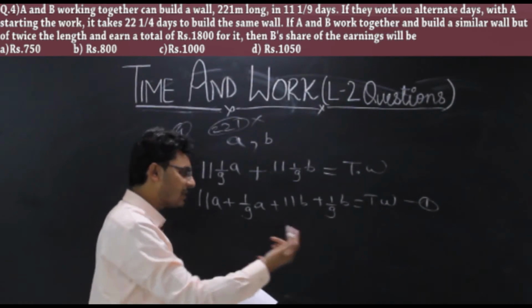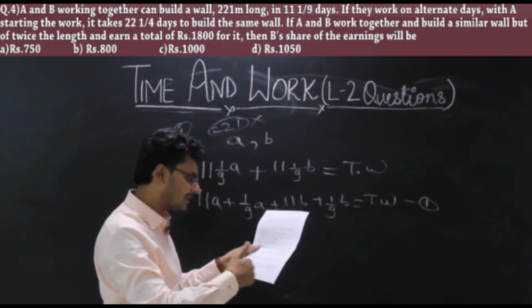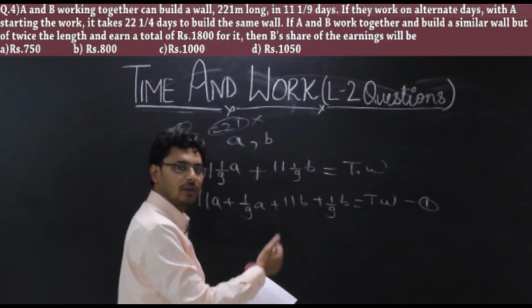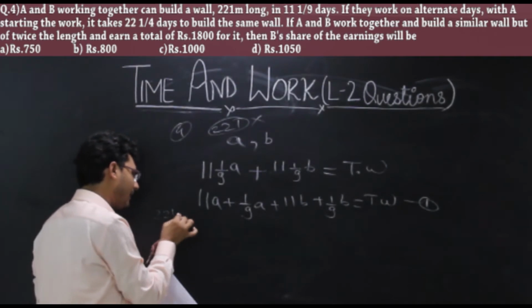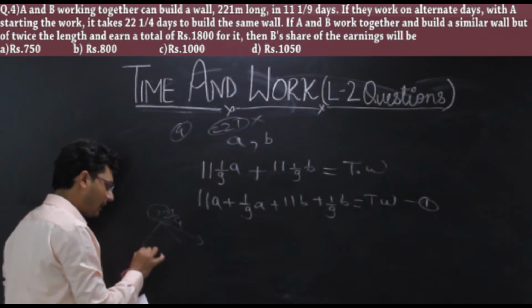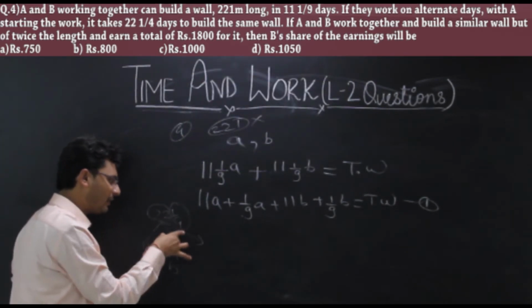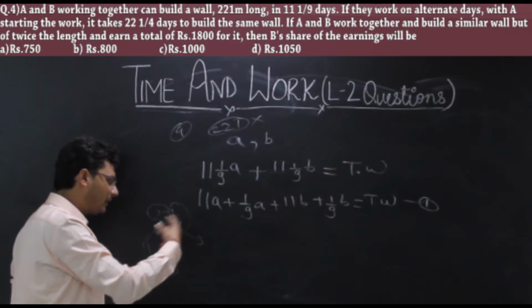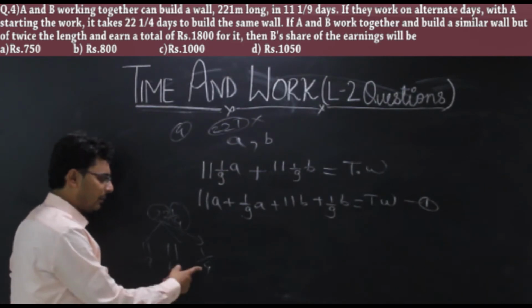That means A must have come for 11 days, B for another 11 days, and 1/4 day must have been by A, the one who started. Whatever the remainder is, that is 1/4, will be done by the first person, so he must have come for 1/4 of a day.